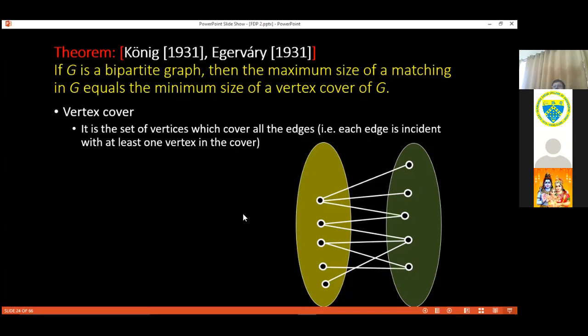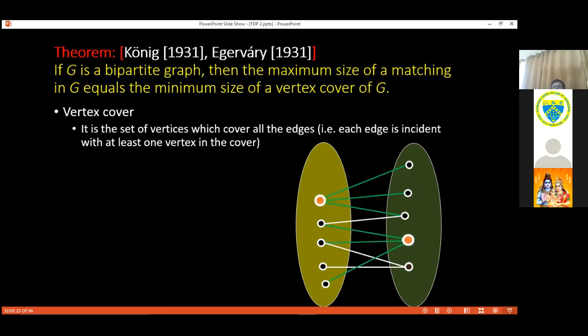Suppose I take this vertex now. It covers these three edges. This edge is not incident with that. Now I choose one more vertex here. If I choose this vertex, that will cover these three. Not all the edges are covered yet. I want new vertices somewhere.